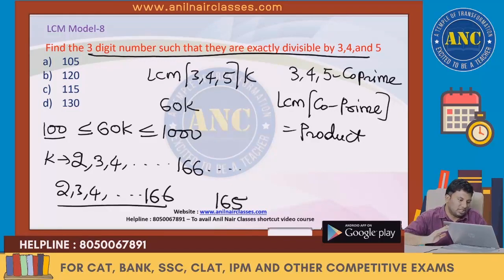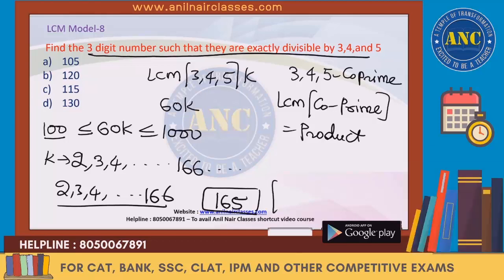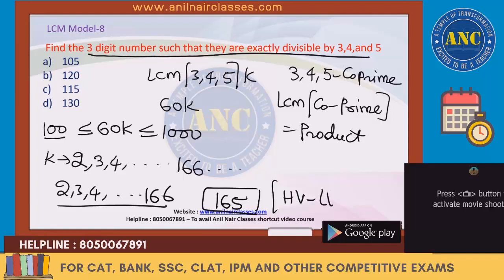Total 165 3-digit numbers are there. So the k value should be 2 to 166. Higher value minus lower value plus 1. Next one.